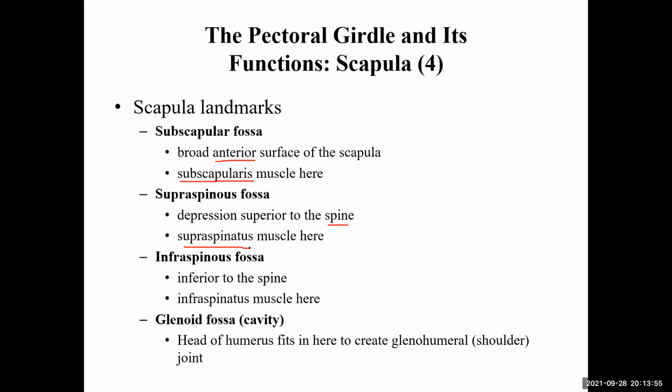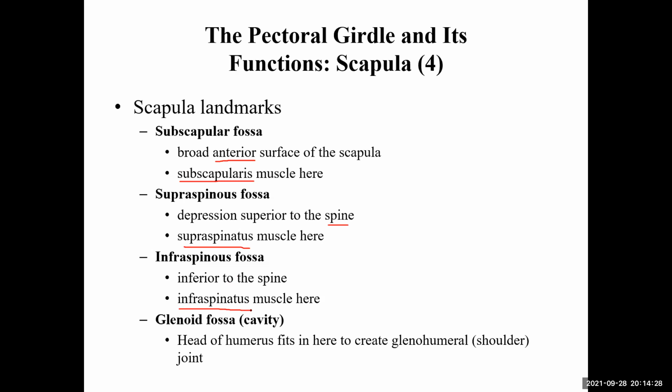Then below the spine of the scapula, you have another depression, and that's the infraspinous fossa, which will have our third rotator cuff muscle called the infraspinatus. So just from right there, 3 out of the 4 rotator cuff muscles reside on the scapula.